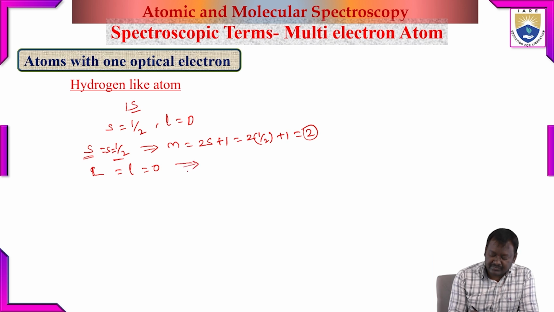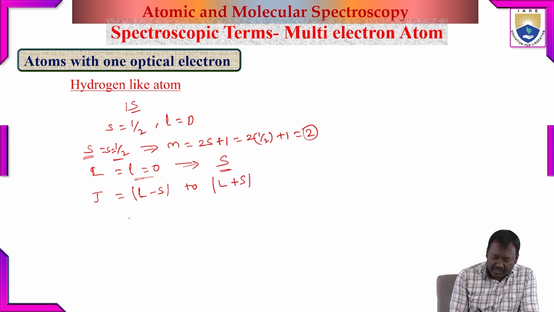So the spectral term should be denoted as S. L value 0 means the spectral term is S. And the total angular momentum quantum number J, we can calculate by taking L minus S to L plus S in integral steps. So here L is 0 and S is 1 by 2.